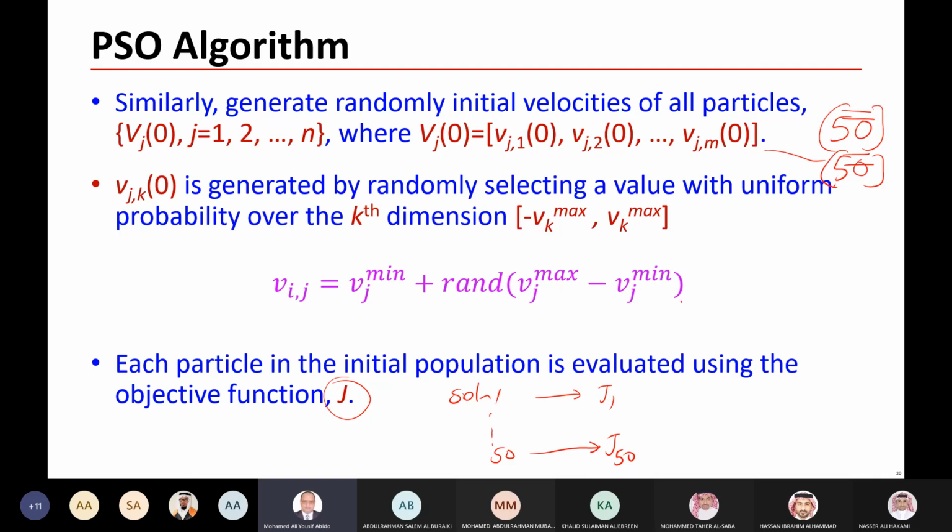And then one of those will be selected as the global best, J double star, which is the minimum out of those. And of course, the global best solution also can be selected out of those, corresponding to the minimum objective. So you have now the local bests, and also you have the global best. Is it clear?